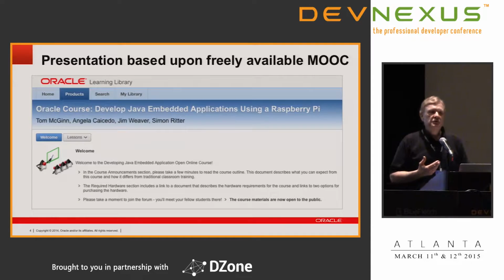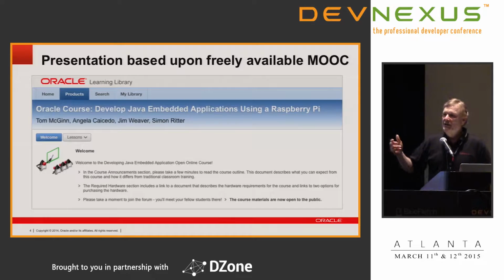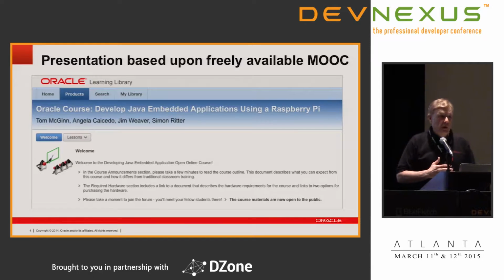And this is also based upon a MOOC, M-O-O-C, Massively Online Open Course, that the evangelist team created, and I think it's a pretty good primer on developing with Raspberry Pi and Java ME8.